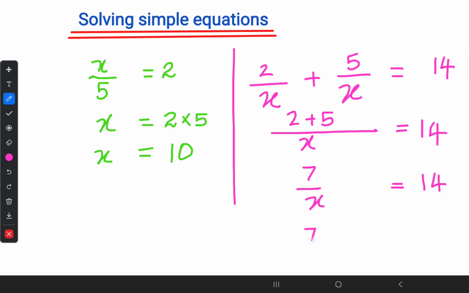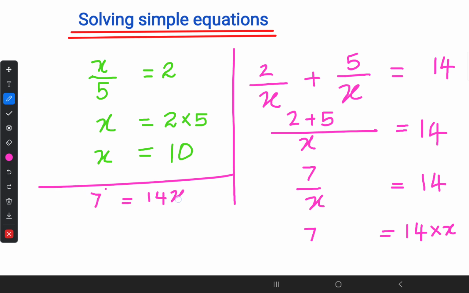So I will keep the 7 itself and bring the divisor x as a multiplicand. So 14 should be multiplied with x. Now look at it: 14 times x equals 7. Hereafter I will write the rest of the question here. So 7 equals 14x.